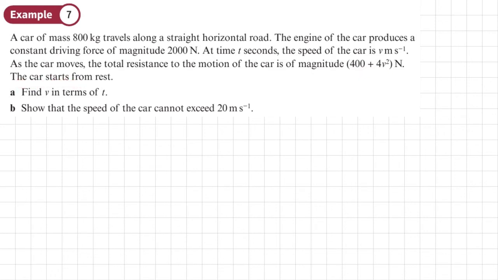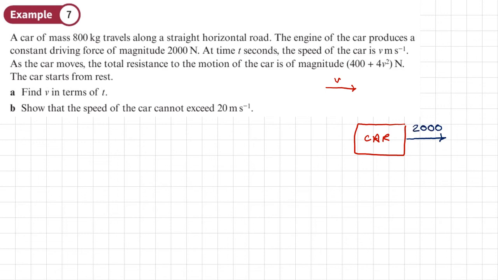I think this question is deserving of a force diagram so we can see exactly what's going on. So this is going to represent my car here. This is going to be my direction of motion. We're told it's moving with a speed of v. The driving force is 2000 newtons, so that's going to be 2000 newtons this way.